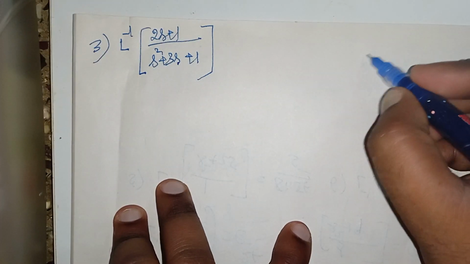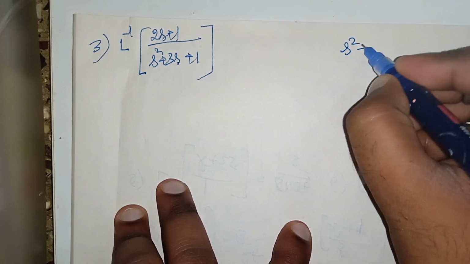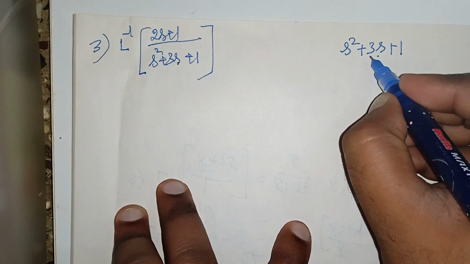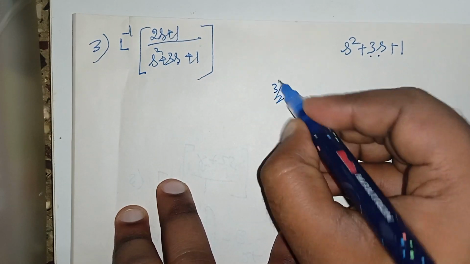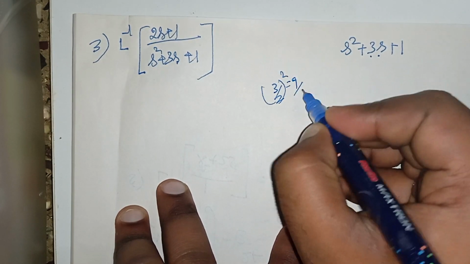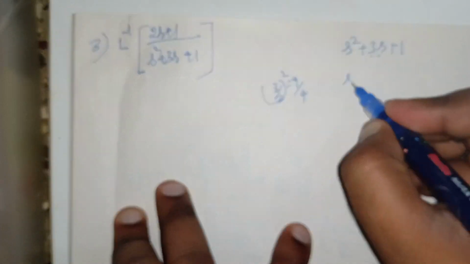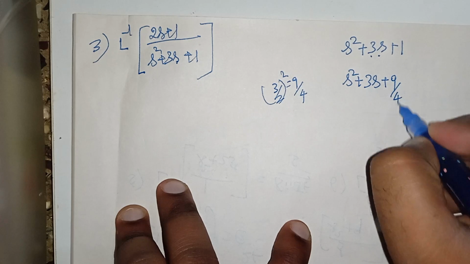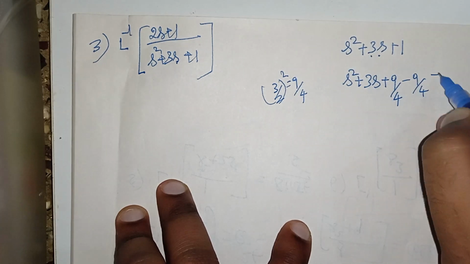Again, you take the denominator s square plus 3s plus 1. Coefficient of s is 3, by 2 whole square, 9 by 4. So you add and subtract 9 by 4. S square plus 3s plus 9 by 4 minus 9 by 4 plus 1.